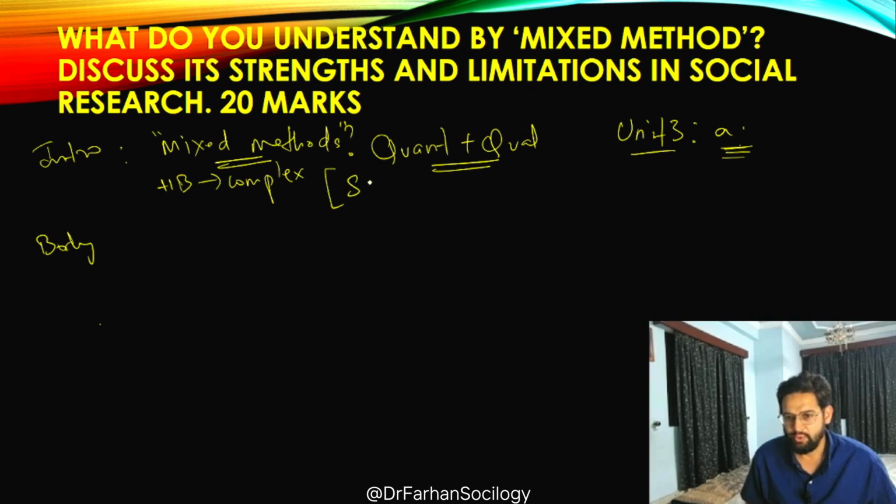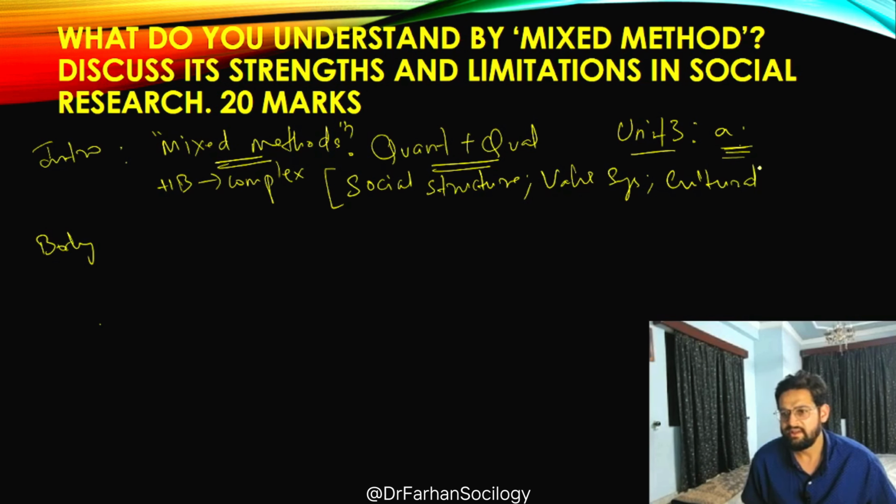This complexity includes different forms of social structure, diverse value systems, and different aspects of cultural elements, etc. Due to which just having a quantitative or a qualitative method will not be appropriate.